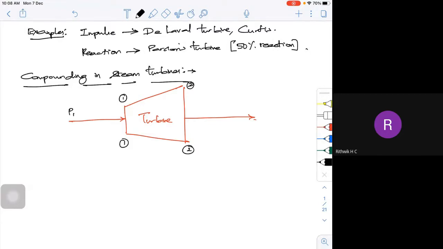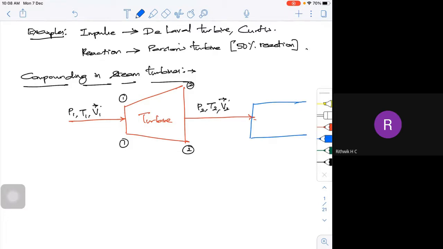It enters at some pressure P1, temperature T1 and some velocity V1. Now it exits at some pressure P2, T2 and V2. If you closely observe, you have one more device over here.